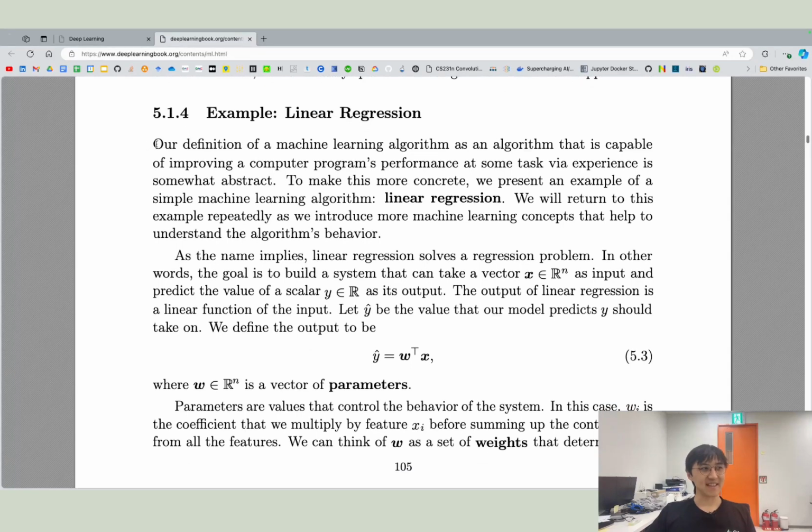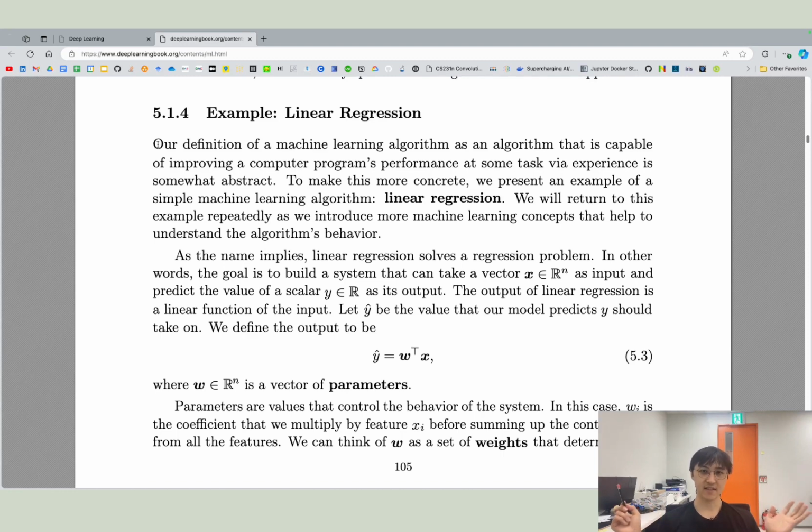So now an example. It's saying that you have to read this paragraph, this section. They're saying that the definition of a machine learning algorithm as an algorithm that is capable of improving a computer program's performance at some task via experience is somewhat abstract. So now let's see the example in linear regression.